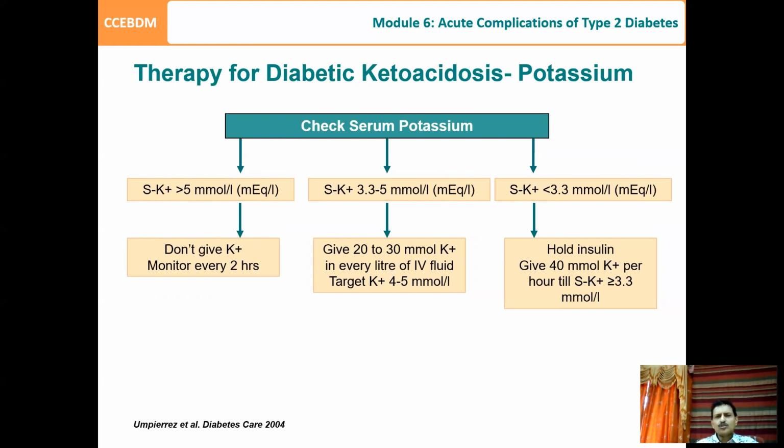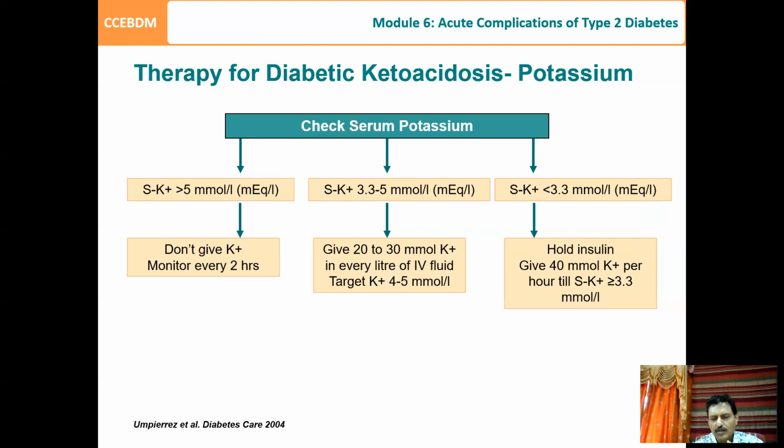The common dose is to give 20 to 40 millimole of potassium per liter of fluid. So it means in a 500 ml bottle, we give 1 ampoule of potassium, and as we run the fluid, the potassium also enters the body.